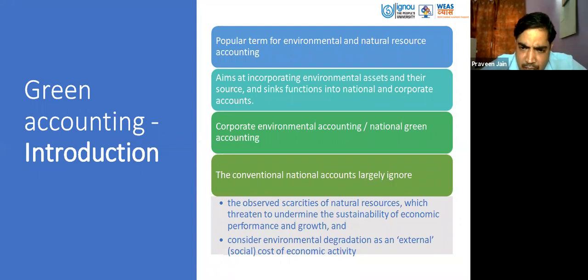In the conventional national account, basically, we ignore the observed scarcity of natural resources, which threatens to undermine the sustainability of economic performance and growth. So there is no place to mention the scarcity of natural resources in our conventional system of measuring national income.